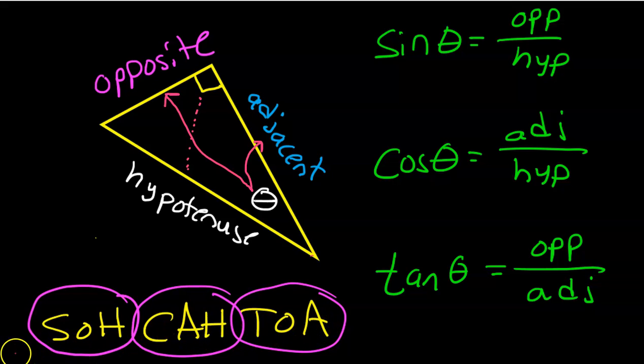You can say SOHCAHTOA, and that one silly word reminds you of the definition because the SO part reminds you that sine is opposite over hypotenuse. The CA part, cosine, is adjacent over hypotenuse, and the TOA part, tangent, is opposite over adjacent. So put it all together, and SOHCAHTOA reminds you of these three definitions.